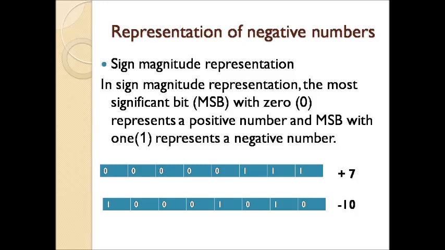If you look into the binary representation, the most significant bit of plus 7 is 0, and the most significant bit of minus 10 is 1. That 0 and 1 denote whether the number is positive or negative. Please see the examples of plus 7 and minus 10. I hope you understand this.